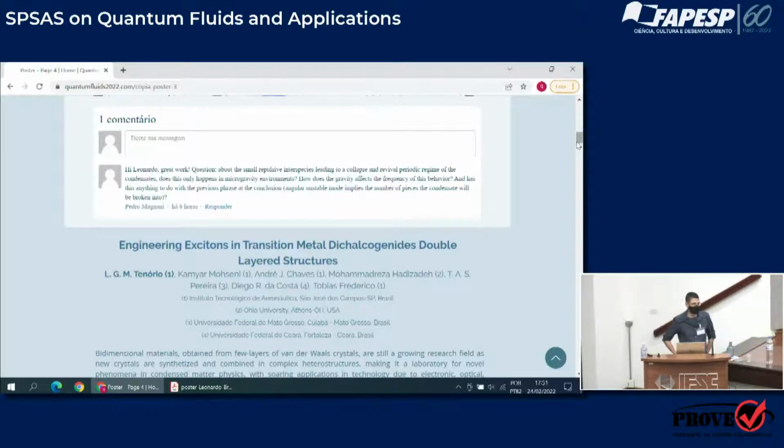The first question is about the small repulsive interspecies interaction leading to a collapse and revival periodic regime for the condensate. Does this only happen in microgravity environments? No. The microgravity environment is needed to get the bubble shell, and not to get the collapse and revival phenomenon. This phenomenon can be seen in other contexts, like cold atoms in optical lattices.